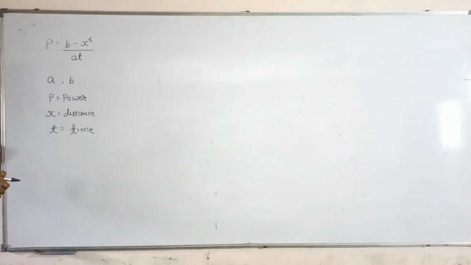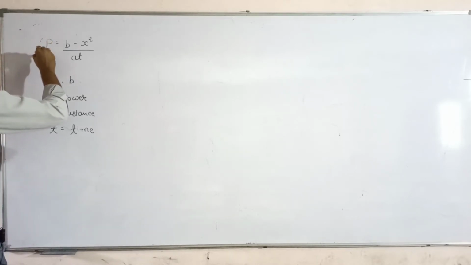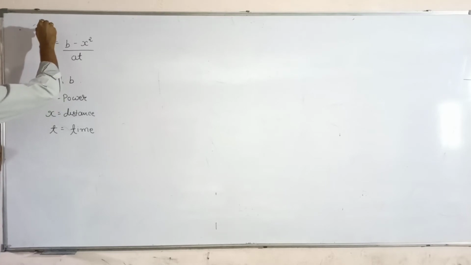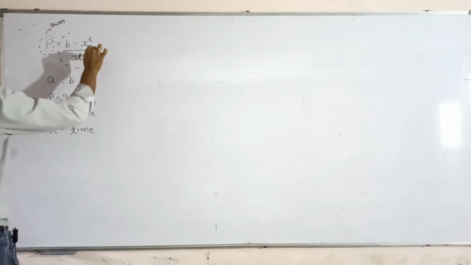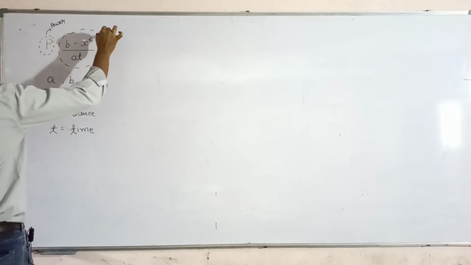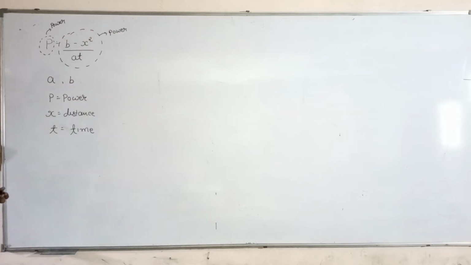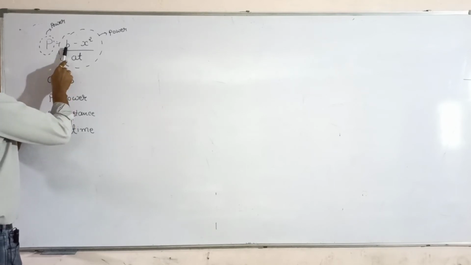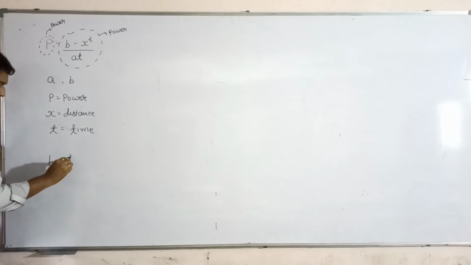Now here this equation is dimensionally correct. It means LHS is power, and RHS is also power. First of all I will find out B, because here the term is B minus x square.